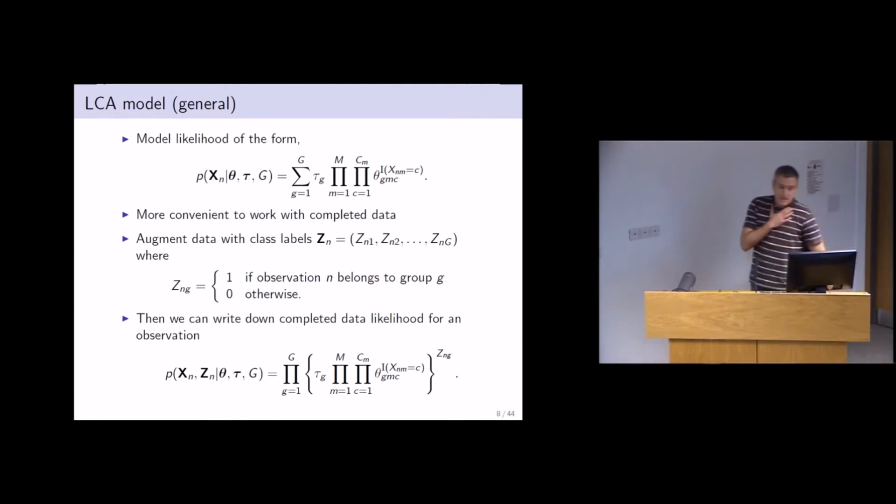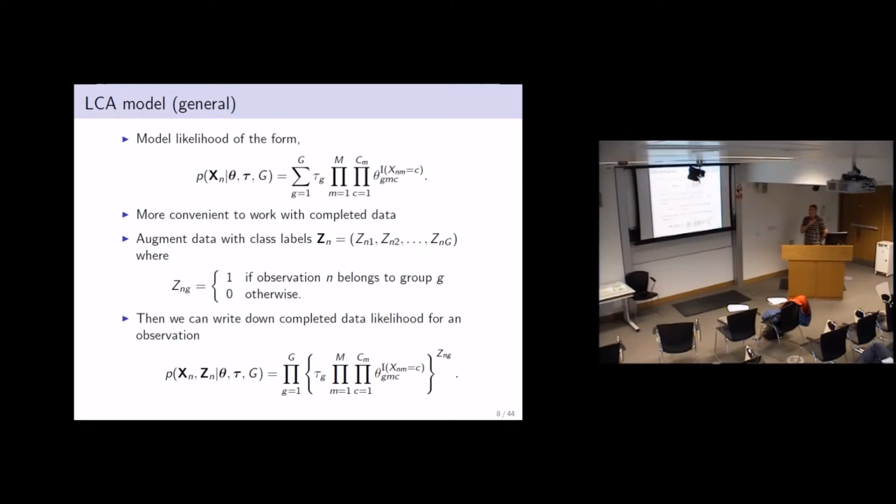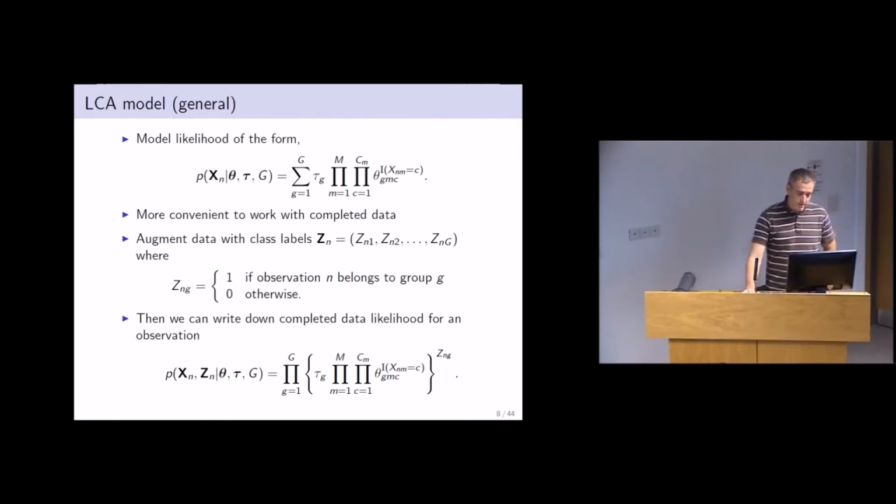To fit a latent class model, there's lots of ways you can do it, but for fitting mixture models, the likelihood function is quite complicated, even for a model that's got a very simple structure like latent class analysis. The way we usually do it is we augment our data with a variable that tells us which group each observation came from.